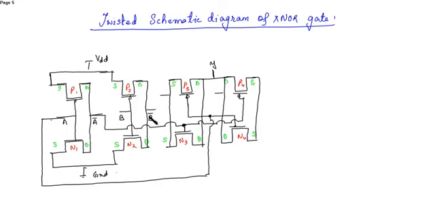This is the reason why we have taken source drain, then here drain and source. So B bar is connected to this input and B is connected to this input. So I'll take from here.